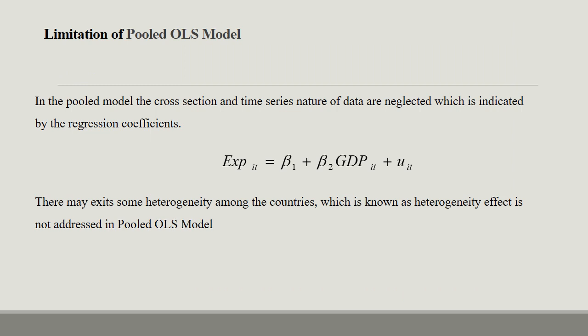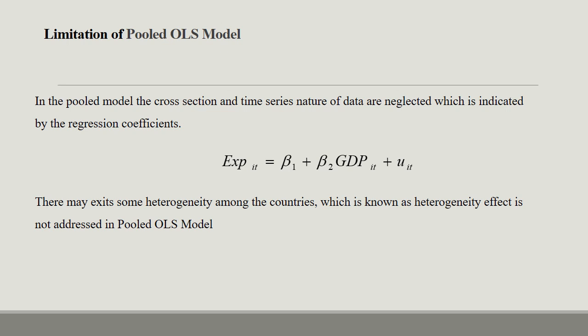So in summary we can say the pooled OLS method is the basic method to handle the panel data, but it has some limitations. In the pooled model, the cross-section and time series nature of data are neglected, which is indicated by the regression coefficient. That means we are using different sections, but we are using the same regression coefficient. For example, here export is a function of GDP.